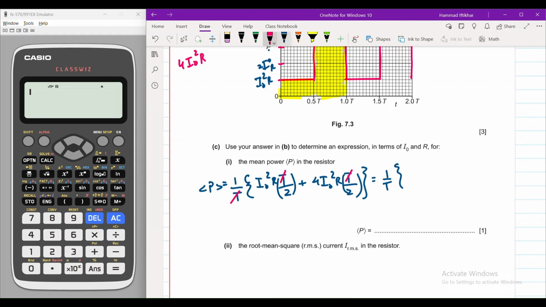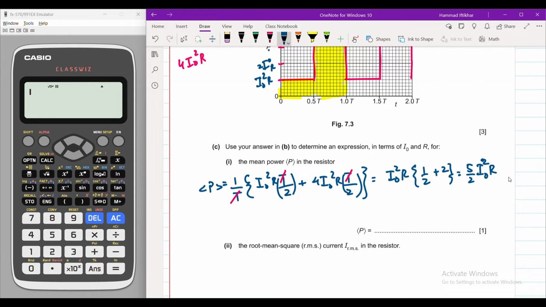So we are left with I naught squared R times 1 over 2 plus 4 times 2... 2 times 2 is 4. So this is 2 and a half, 5 over 2 I naught squared R.